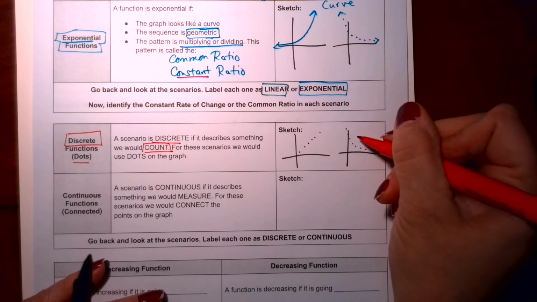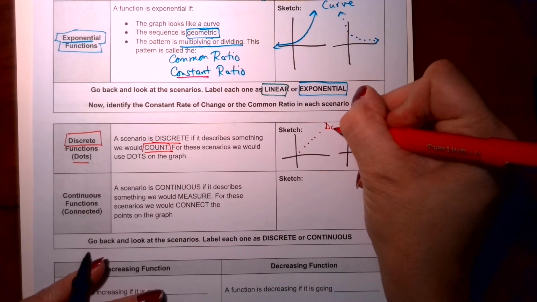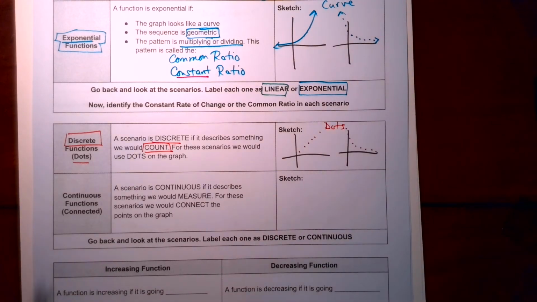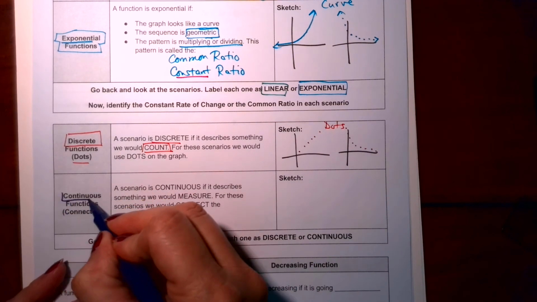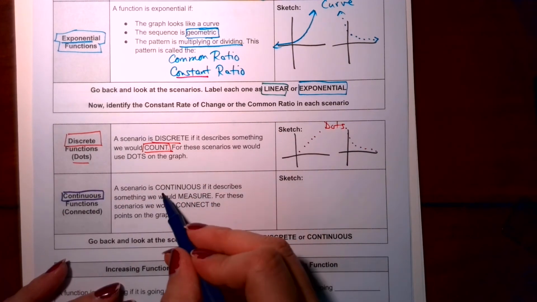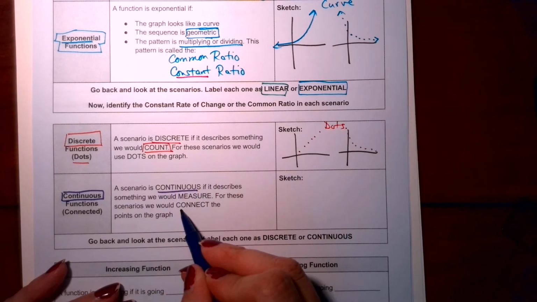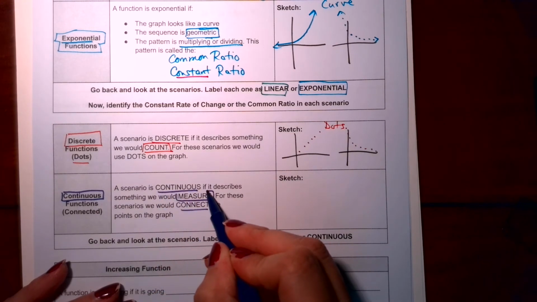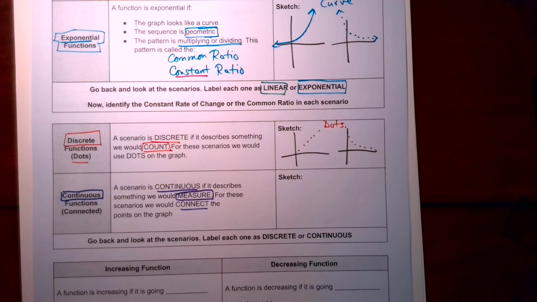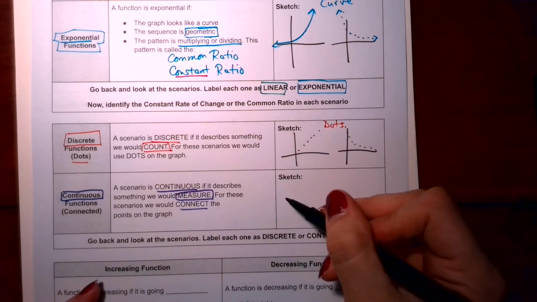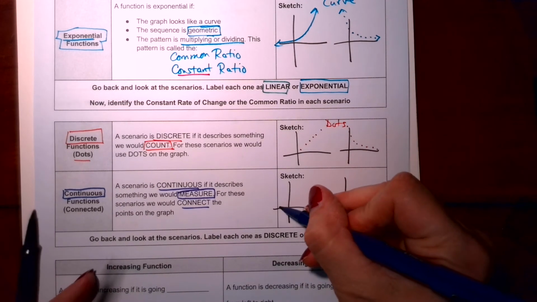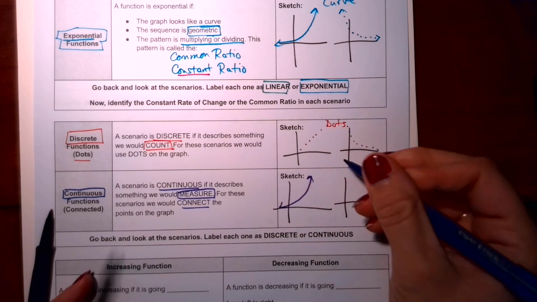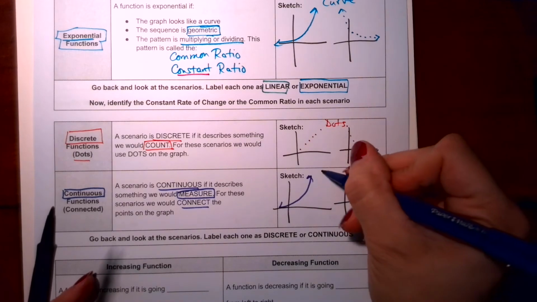But the important thing for discrete is that you see dots. What about the other kind? What if it's continuous? Then the graph would look connected, and it's something that we measure. It could be linear or exponential, but the important thing is that the graph is connected.